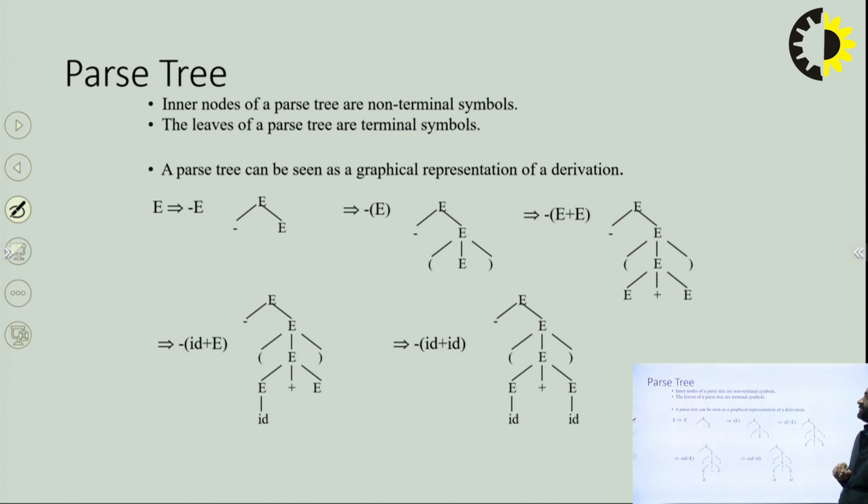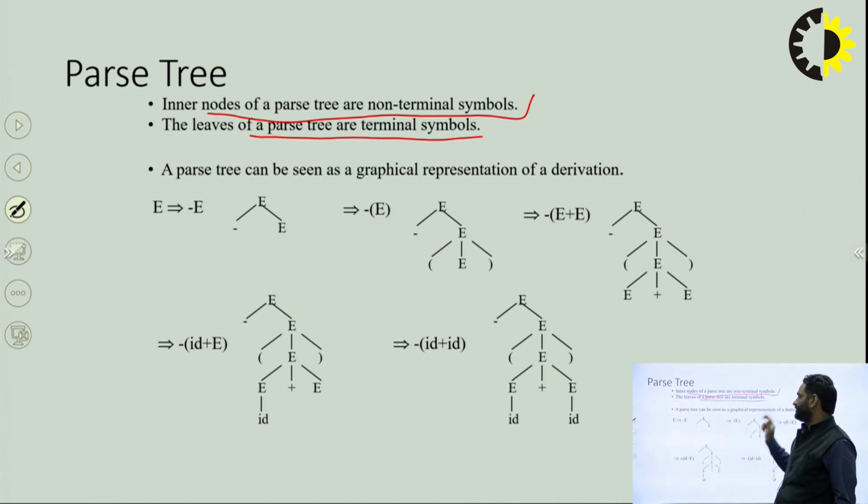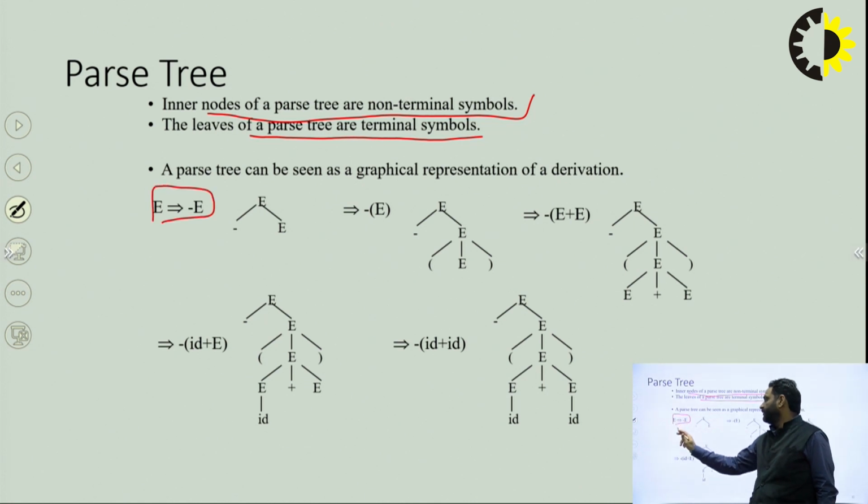Next is, what is a parse tree? It's a hierarchical structure of the string. Again, inner nodes of a parse tree are non-terminals and leaves of the parse tree are terminal symbols. These are the productions. We replace E by minus E by using our appropriate production rule.